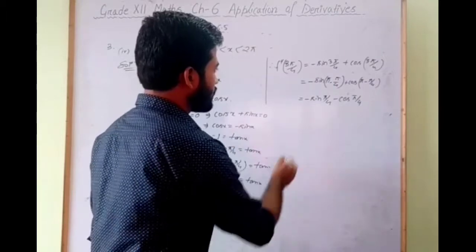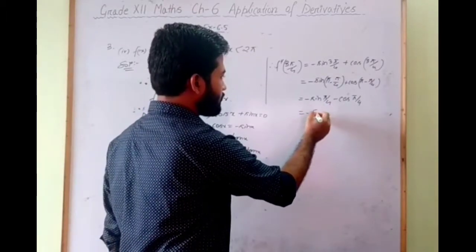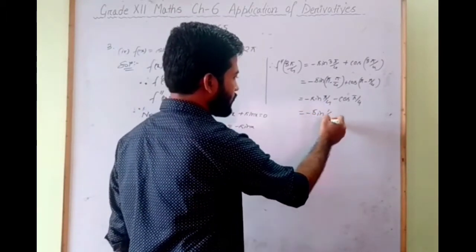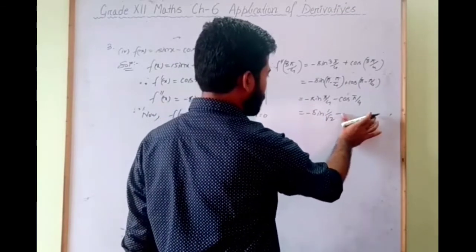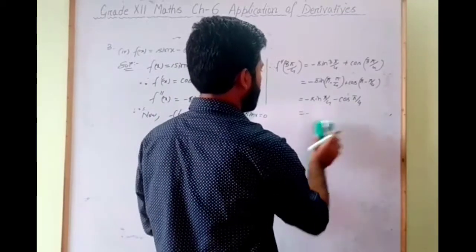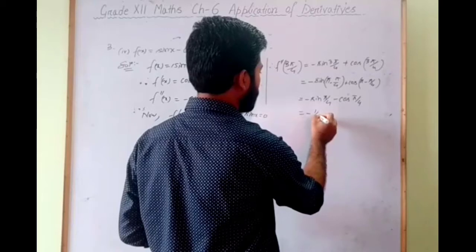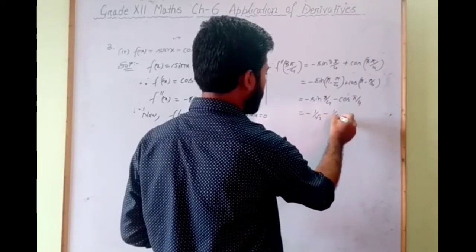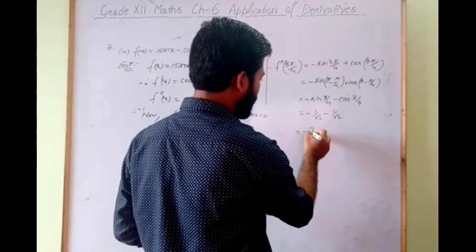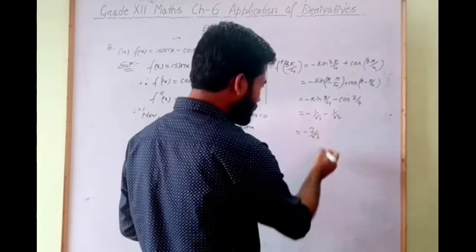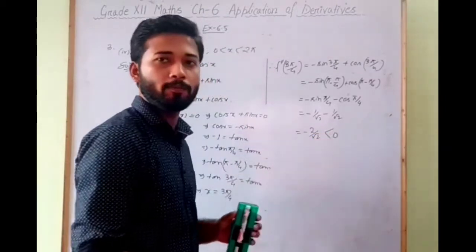Sine of pi by 4 is 1 by root 2, and cos of pi by 4 is 1 by root 2, so we get minus 1 by root 2 and this will also be minus 1 by root 2. If we add these, it will be minus 2 by root 2. So clearly this value is less than 0.